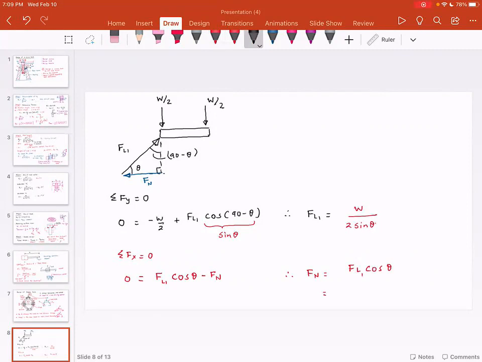And FL1 is already known, which is W by 2 sine theta, multiplied by cosine theta. So this equation is W by 2 tan theta equal to Fn. So the load in the nut, Fn, is equal to W by 2 times 1 divided by tan theta.